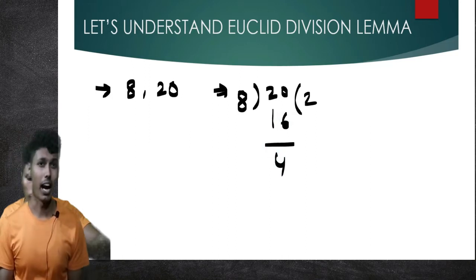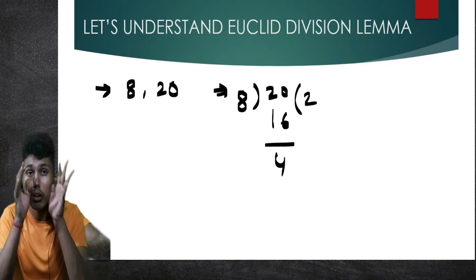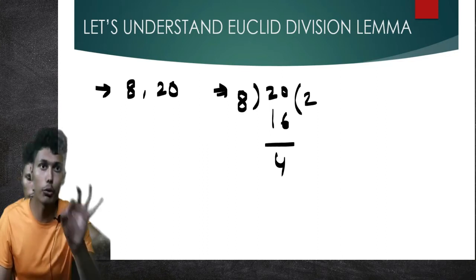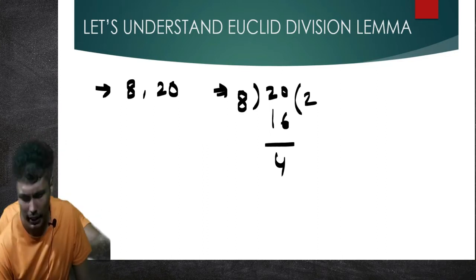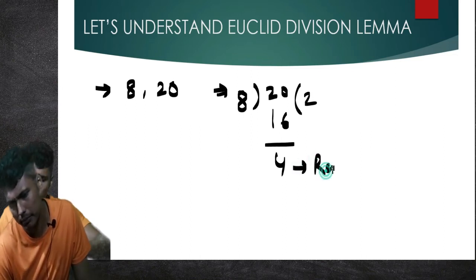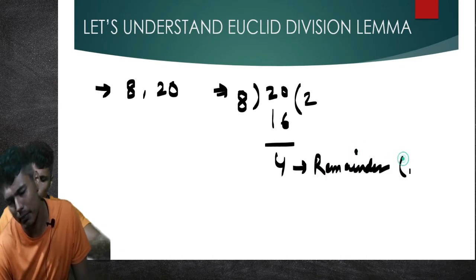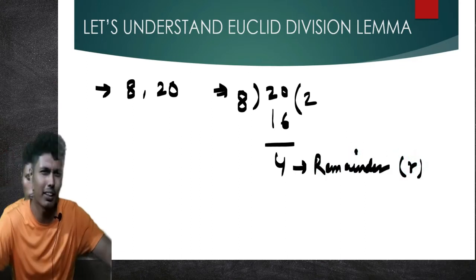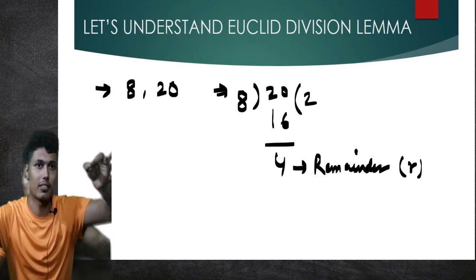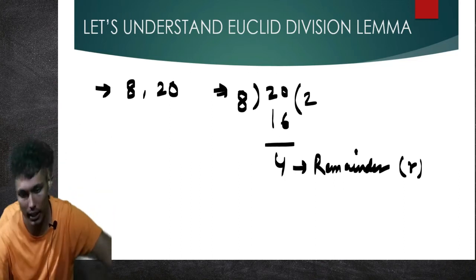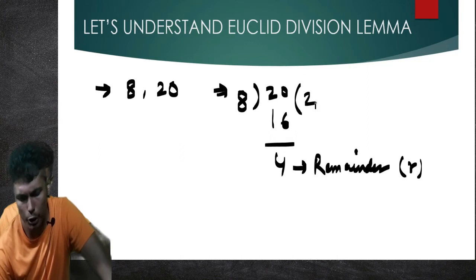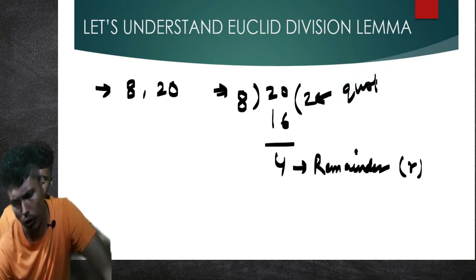I'm going to tell you something that all of you know, and if you don't know, listen very carefully. Here this 4 is called the remainder. Let us represent the remainder by r. Another, 2, is called the quotient.